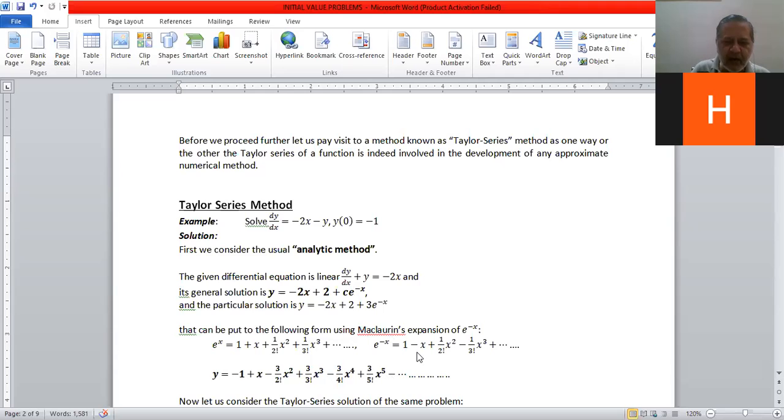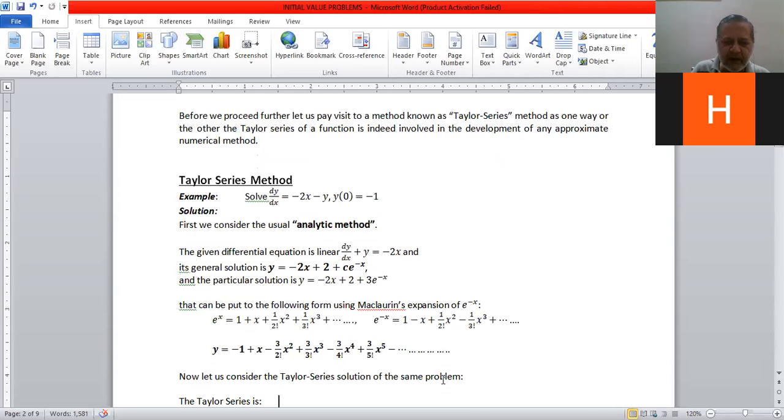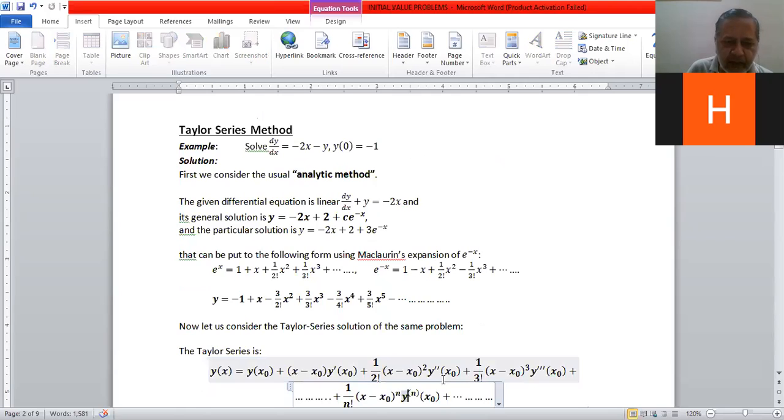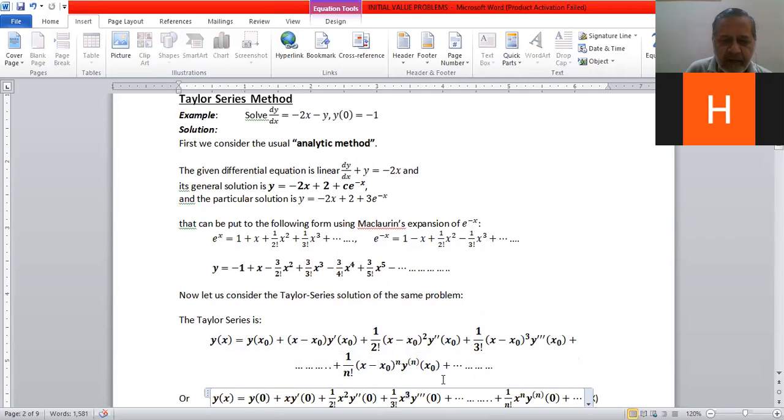Now let us see how Taylor series solution is developed. We recall that any function y is equal to f of x, or y depending on x, can be expanded into a Taylor series like this: y at x naught plus x minus x naught into y prime at x naught plus 1 upon 2 factorial x minus x naught square into second derivative at x naught, and so on.